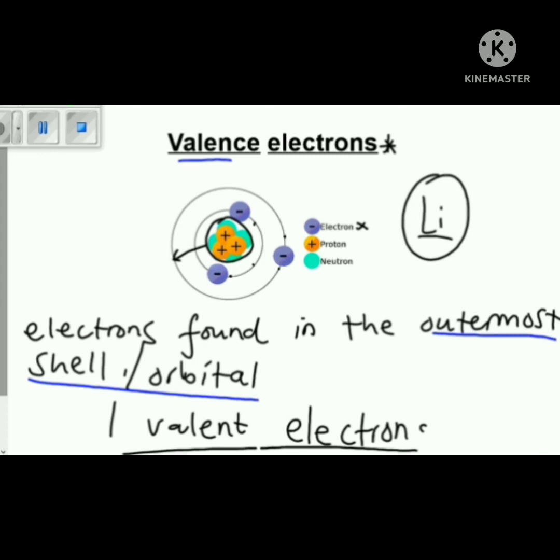So this is the outermost shell, or outermost orbital. If you go round and round this atom, you find only this electron and nothing more, so it has only 1 valence electron. This is how you determine the number of valence electrons of an atom of an element.